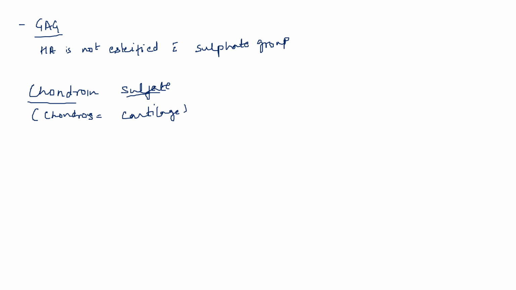So chondroitin sulfate is majorly present in cartilage, tendons, ligaments, and the walls of the aorta.